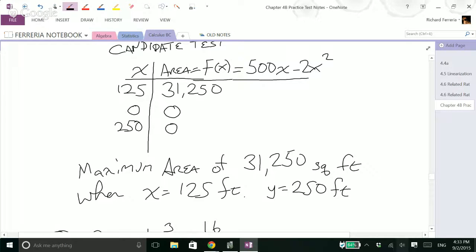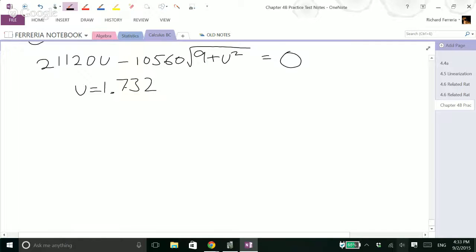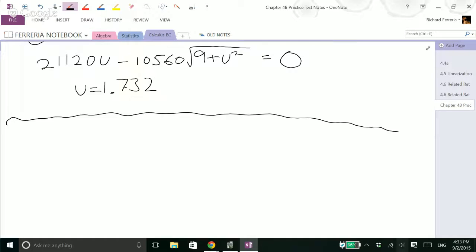Let's try 6. We want a linear approximation to estimate f of 3.5. They give me an f prime. They tell me what f of 3 is. What is the equation of the tangent line? Okay. So for a tangent line, you're going to need 3 things.